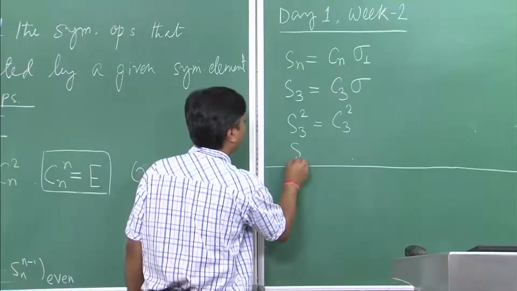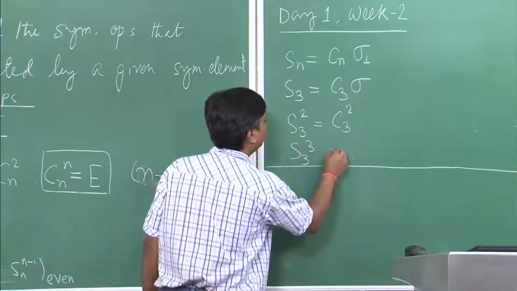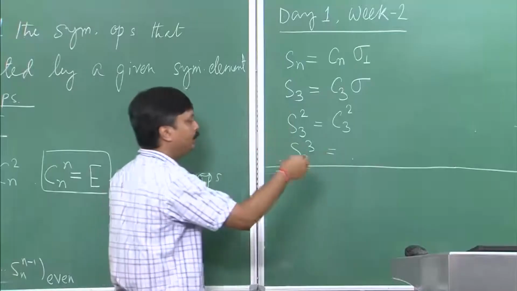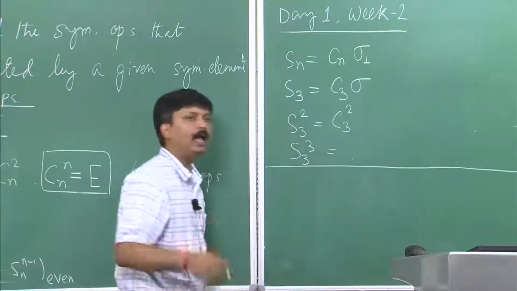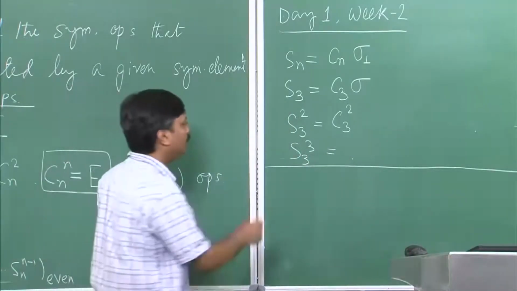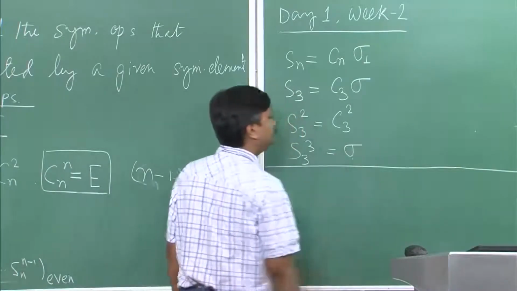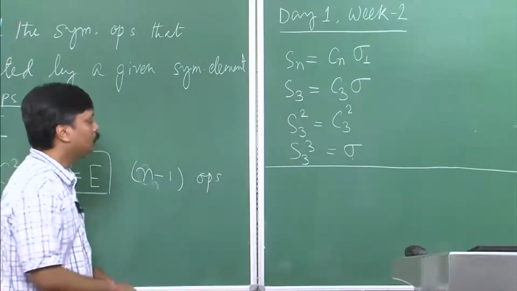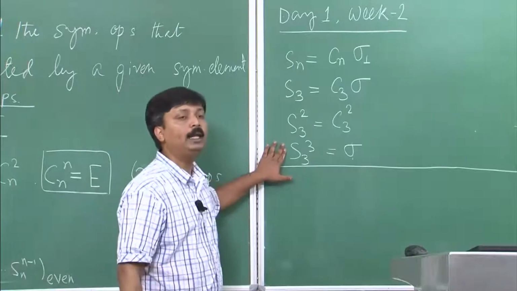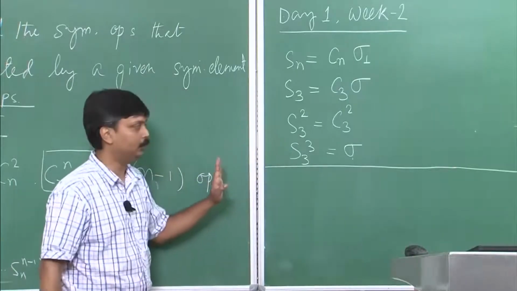Then I go for S3^3. This is C3^3, meaning identity, and sigma^3 means sigma. So S3^3 generates a sigma. Okay, so this is true for any odd order of improper axis of symmetry.